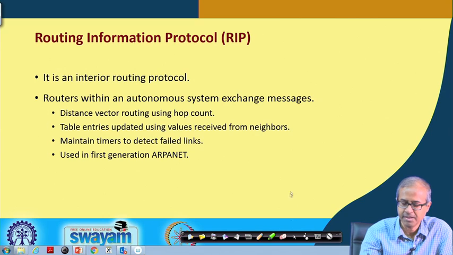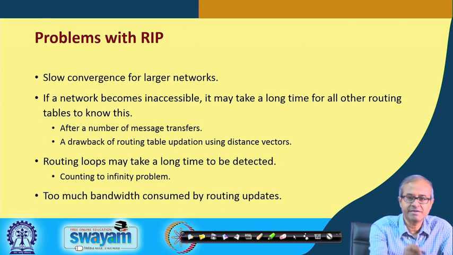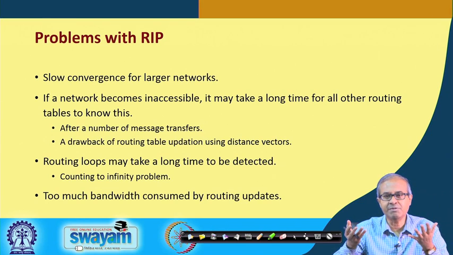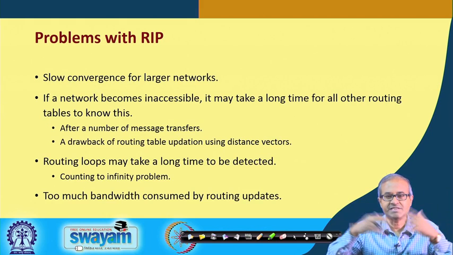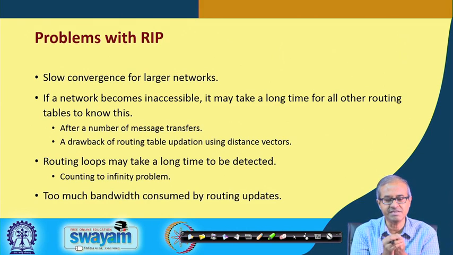Because RIP has some drawbacks. One of the drawbacks is that the way the routing tables are updated using distance vectors, once distance vectors are shared, something will change. That change again will be shared, that will again trigger some more change.